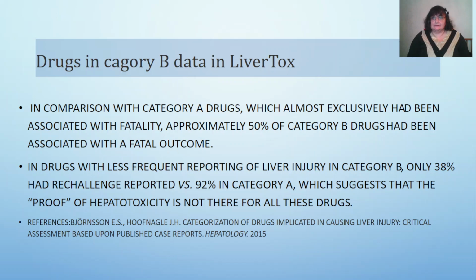It's a big percent, as you see. In drugs with less frequent reporting of liver injury in category B, only 38% had rechallenge reported, and 92% in category A, which suggests that the proof of hepatotoxicity is not there for all these drugs.